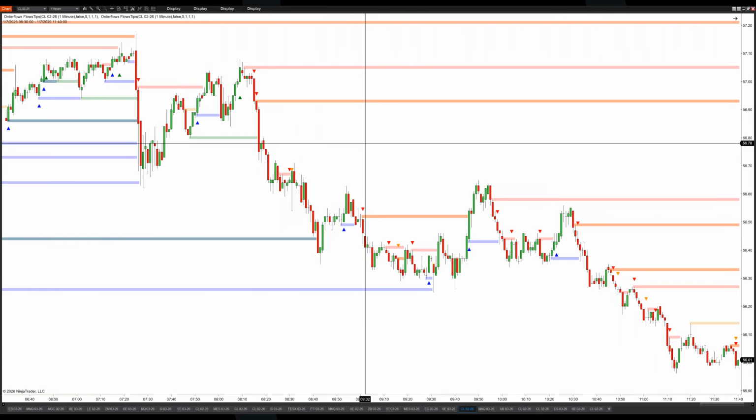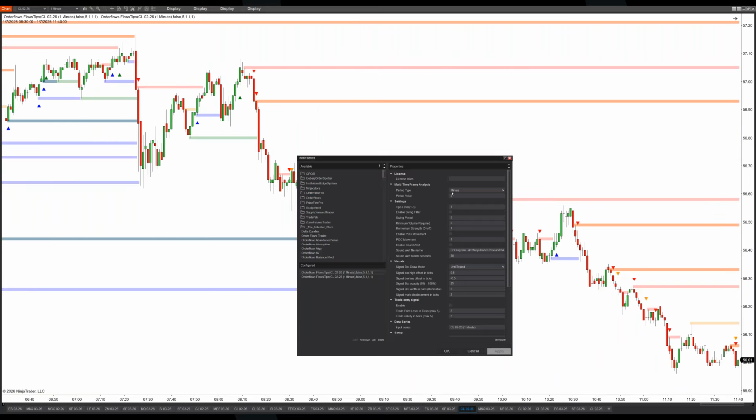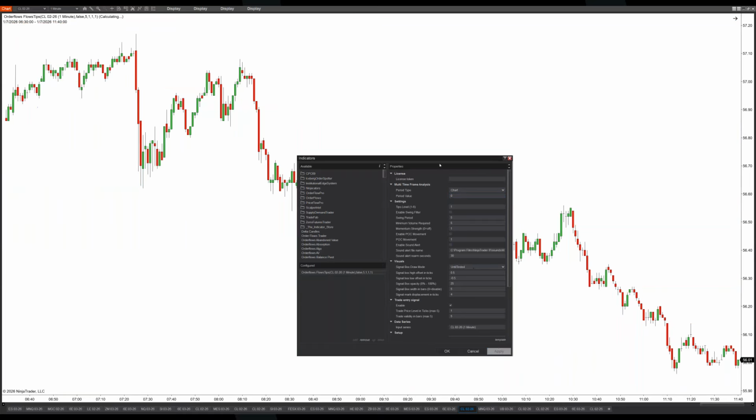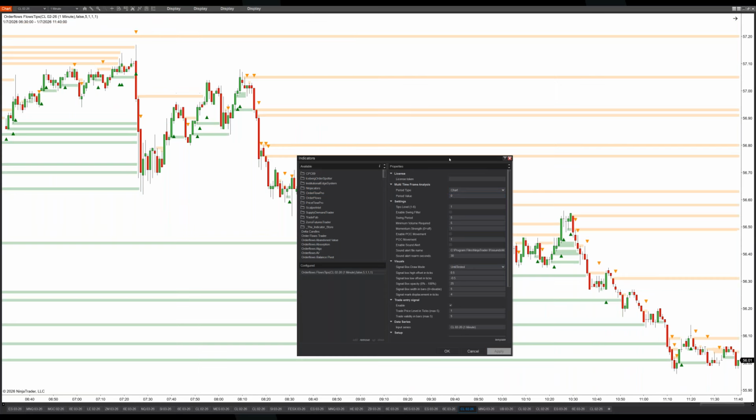Okay, now I'll just remove these and go back to the normal chart. I'll show you. We'll just make it a normal chart, sort of the defaults here.